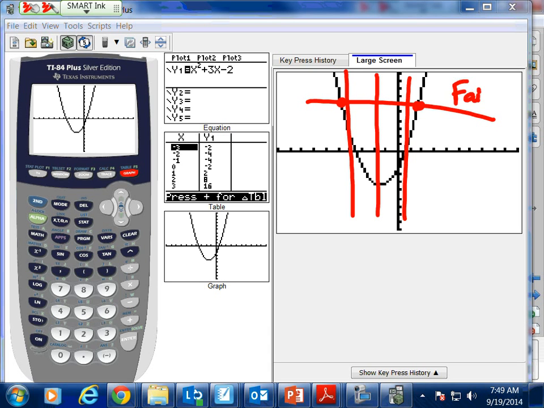Fails horizontal line test. The reason being is that it doesn't meet both conditions, that every x must be paired with exactly one y and every y is paired with exactly one x. So it fails exactly the other one, where one y should be paired with exactly one x. So this one here shows you a failure of that.